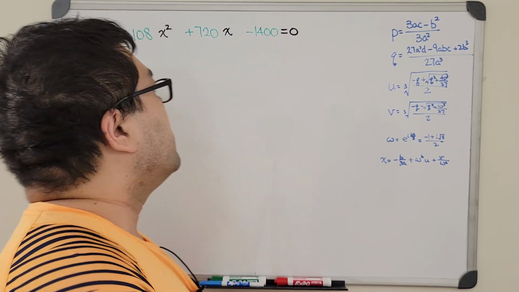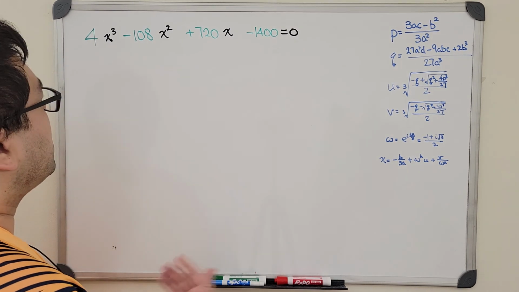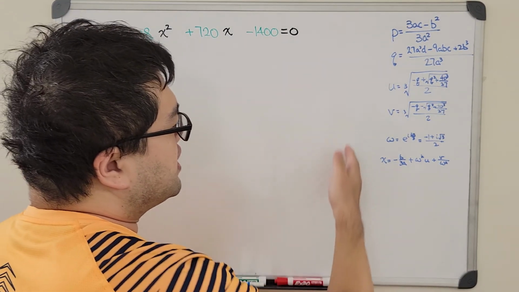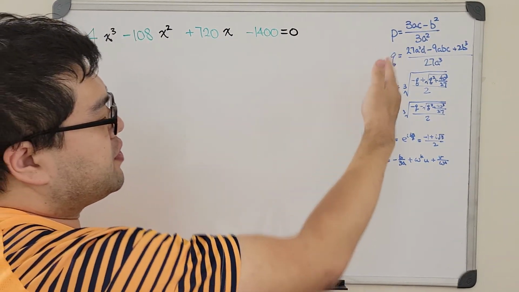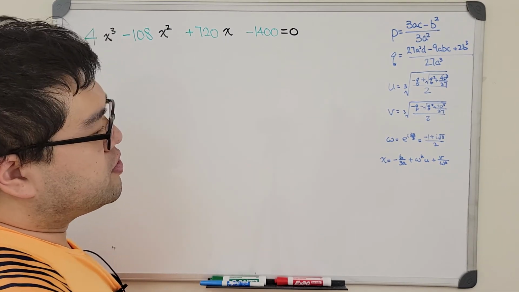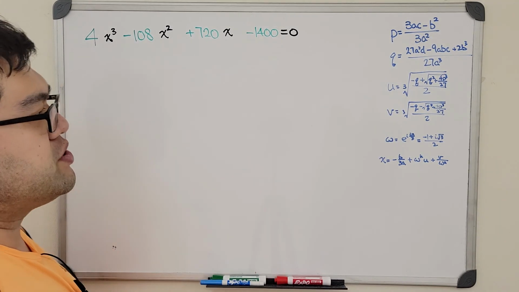Okay, before we talk about the cubic formula, here on the right hand side of the board are some of the tools that we need in order to get the solutions for a general cubic equation.